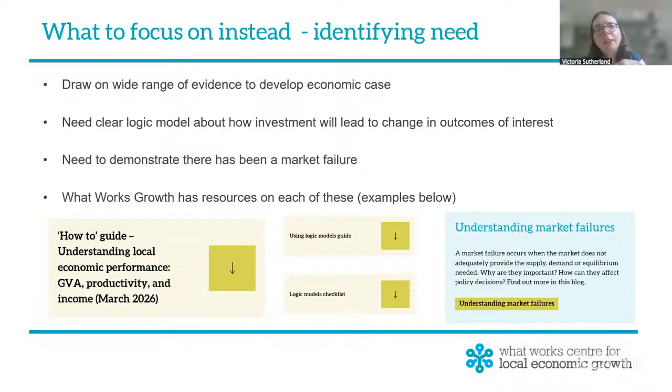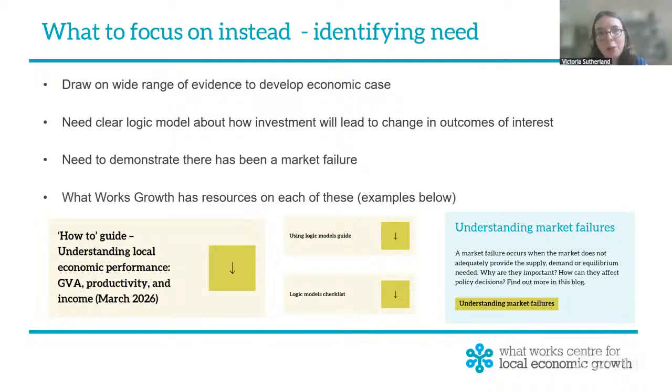Okay, when we're thinking about needs, as well as having quite a diverse evidence base, I think it's really important to have a really clear logic model. So when you're thinking about the outcomes that you're trying to deliver, have a really clear sense of how the investment is going to deliver against that.